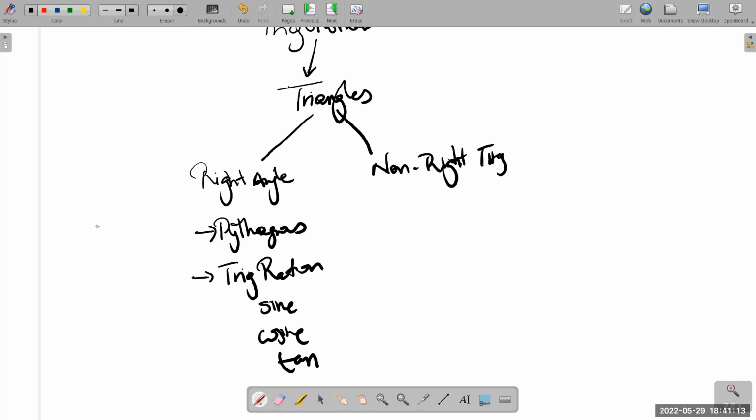What's the formula for Pythagoras theorem? A square is equal to B square. Actually, it's C square, sorry about that. C square is equal to A square plus B square. And for us to have reference of what we mean when we talk about A, B, and C, let me quickly just do a sketch.